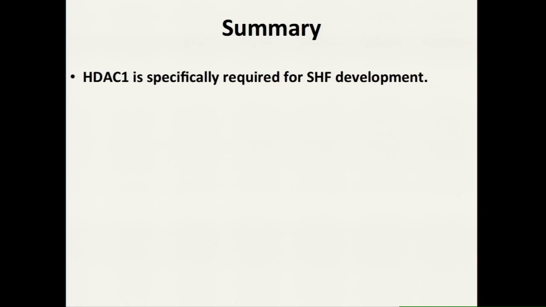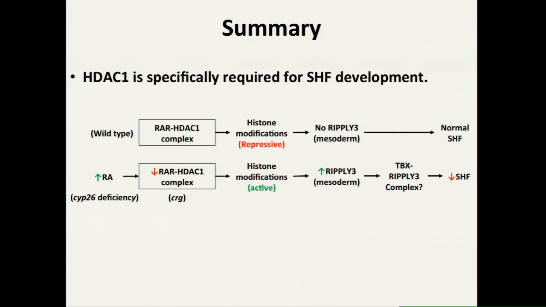So, in summary, this is the first study showing the requirement of HDAC1 specifically for second heart field development. We proposed a model in which, in the wild type, the HDAC1 RA receptor maintains the histone modification in a repressive condition. In turn, no Ripply3 is expressed in the mesoderm, and the second heart field develops normally.